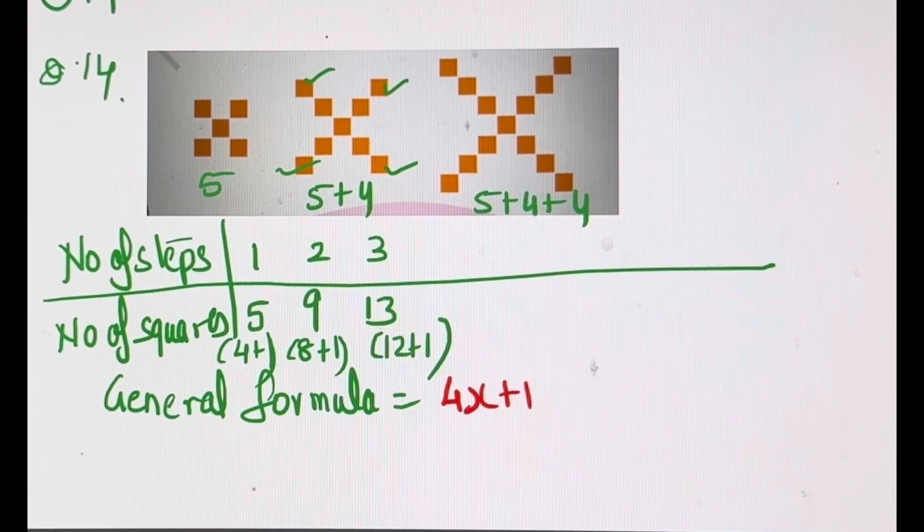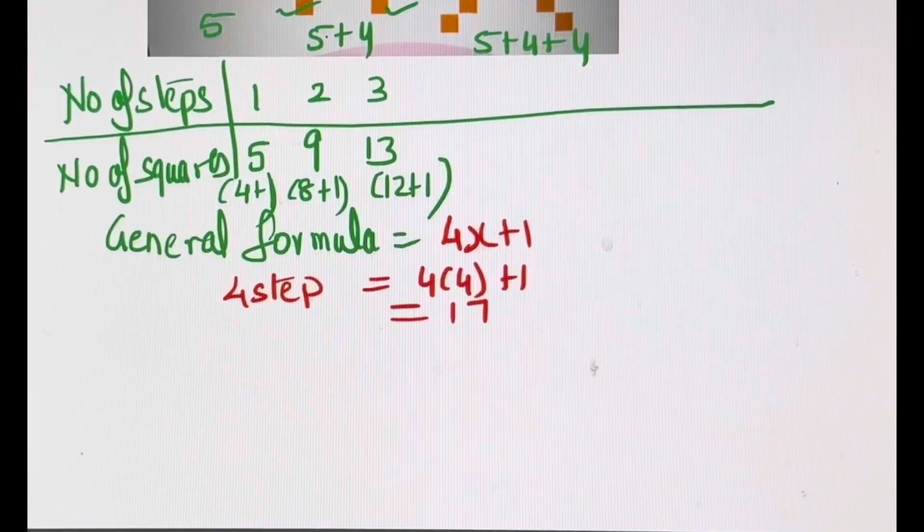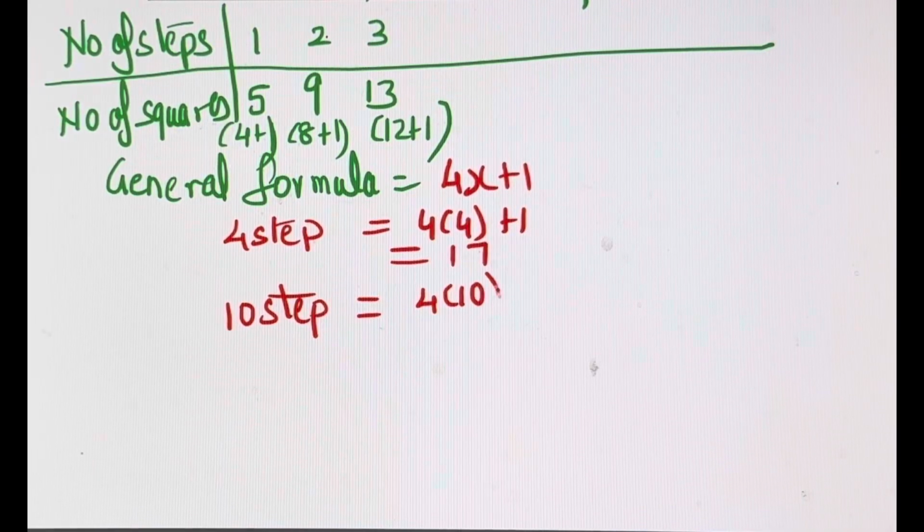So they have asked at fourth position. So fourth step, it will be 4 4s are 16 plus 1, that is 17. Okay. Now they have also asked for 10th and 50th position. So 10th step, it is 4 into 10 plus 1.